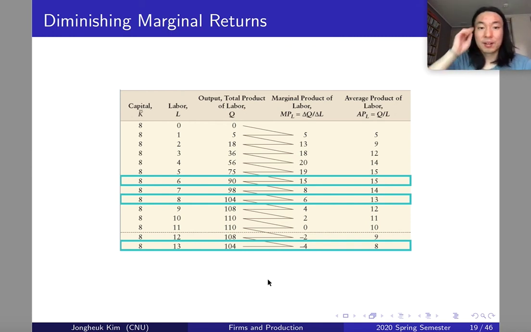Okay, so let's look at our third column and the fourth column first. Labor is increasing by 1 unit, just 1 by 1, from 0 to 13. So labor is increasing linearly. And your output is increasing faster at the first part, but in the second and last part, it is increasing slowly or even decreasing at the end of the production, as we discussed before.